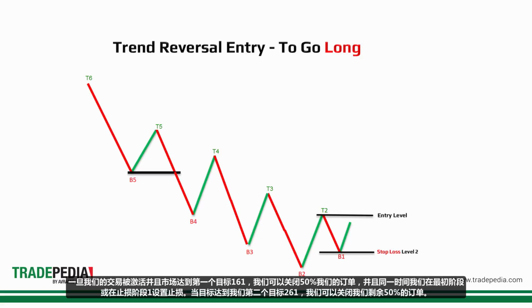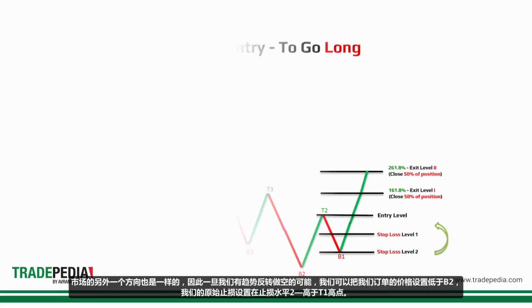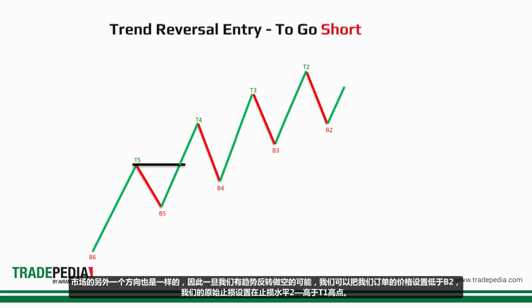Now, once we have our outlined targets above us, as the market reaches the first target at the 161%, we close 50% of our position and at the same time trail our stop loss either up to the entry level or to stop loss level 1. From there on, we allow the trade to reach the second outlined target at 261, where we close the remaining 50% of the position.